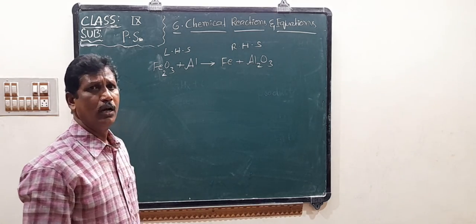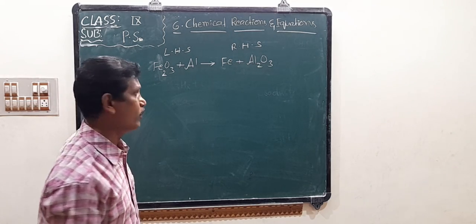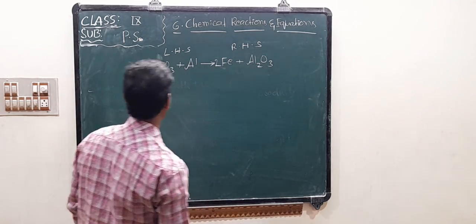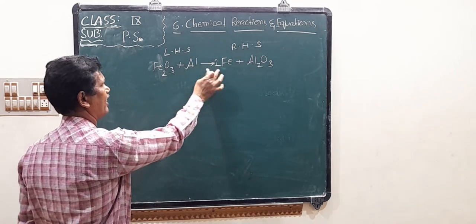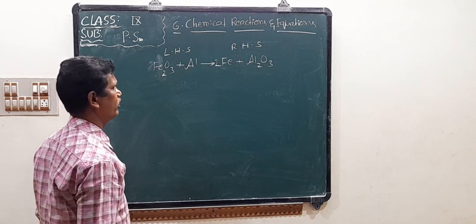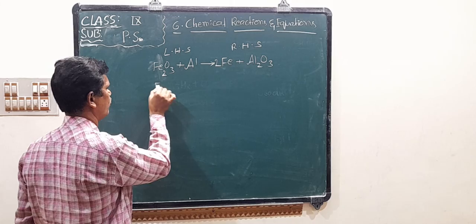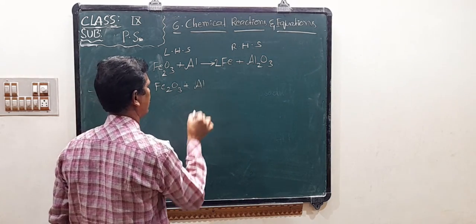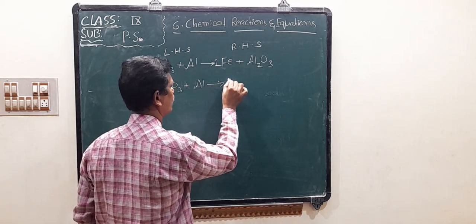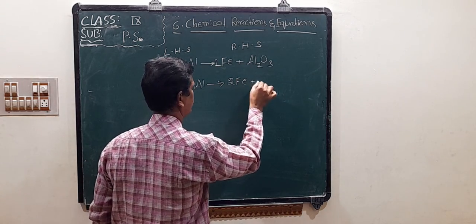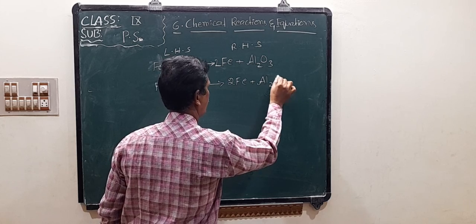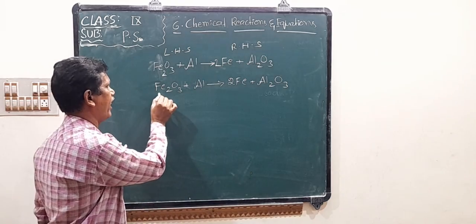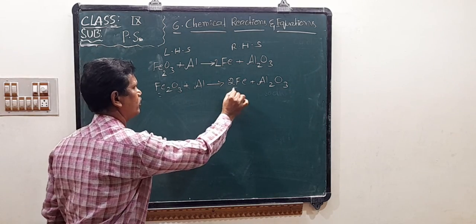Now put a coefficient 2 before Fe, so iron atoms are balanced on both sides. Fe2O3 plus Al gives 2Fe plus Al2O3.